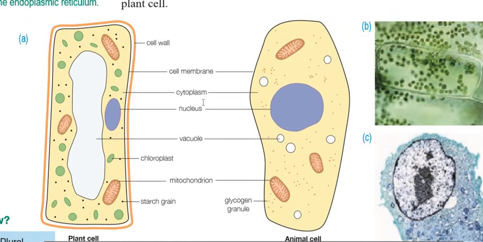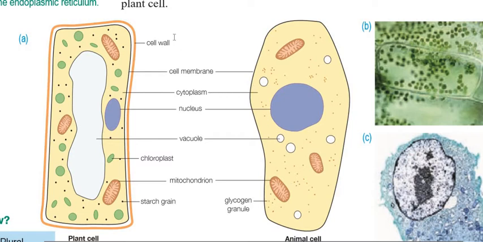So from the diagram, we can say that there are basically three differences between the plant and animal cell.